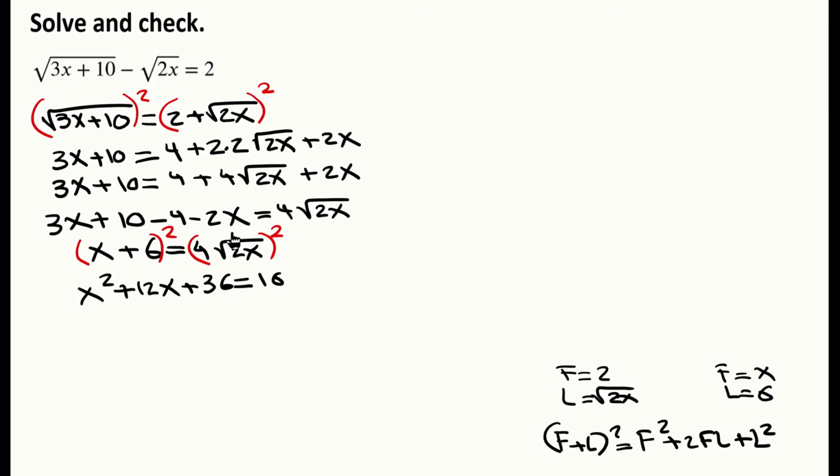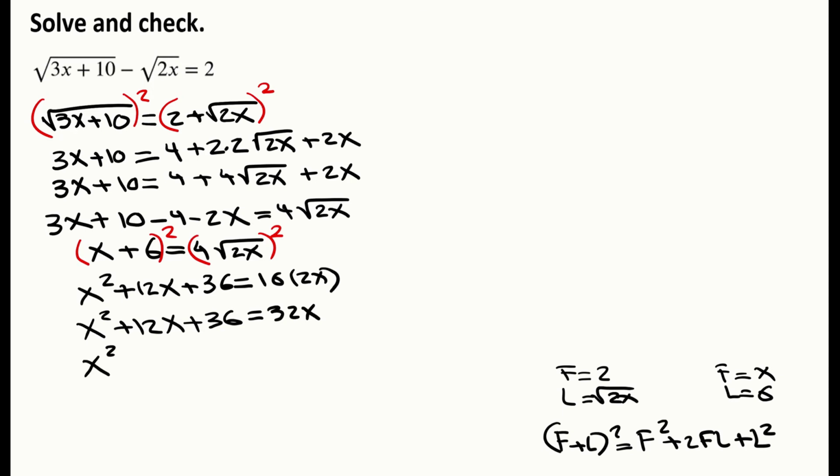And when we square the square root of 2x, we'll just get 2x. So 16 times 2x. Okay, so we have x squared plus 12x plus 36 is equal to 32x. So we have a quadratic situation again, so we're going to go ahead and move all terms to one side and set it equal to 0.